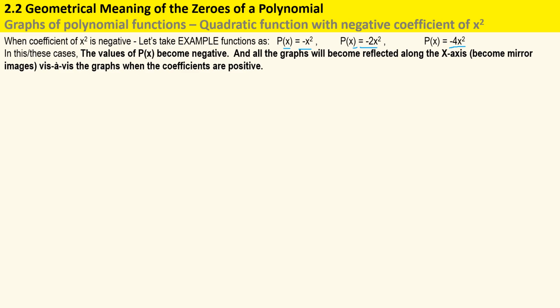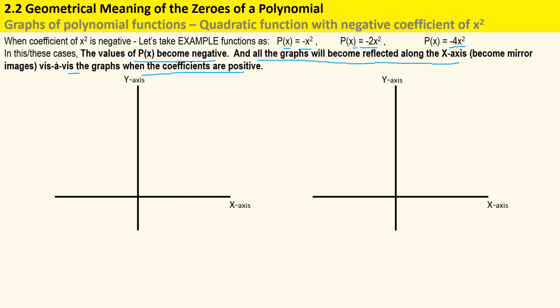And in these cases, the values of p(x) become negative, and all the graphs will become reflected along the x-axis. That is, they will become a mirror image of the graph as if the coefficients were positive. So let's first draw, and then we will talk about it a bit more. So this is our x-axis and the y-axis.